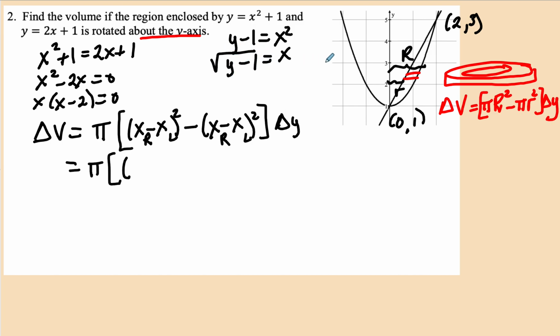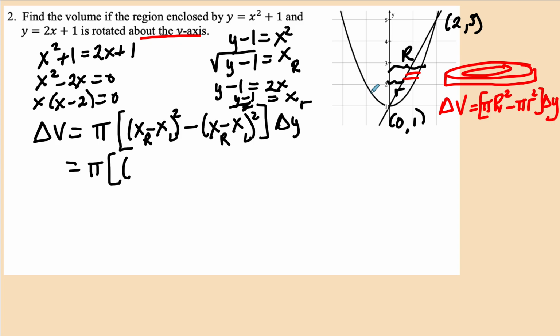And this is the quadratic, and the quadratic is going to be my big R. And then when I solve over here for my line, I'm going to have, let's see, y minus 1 is equal to 2x, and therefore x will be equal to y minus 1 over 2. And that'll be the x that I'm concerned about for my little r there.